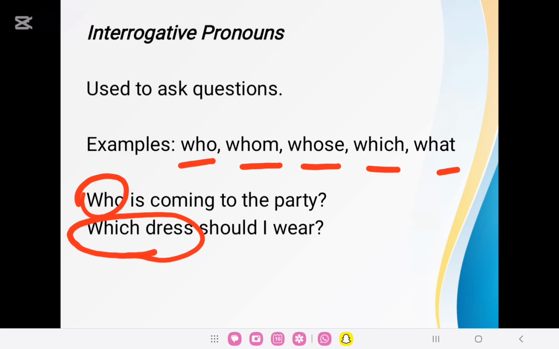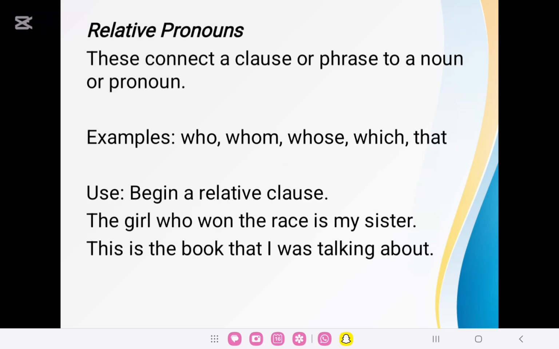It is the same with interrogative pronouns also. They can be interrogative adjectives also, and sometimes they are adverbs also. It's their use that tells us whether they are pronouns or adjectives. So who and which in this place are interrogative adjectives.